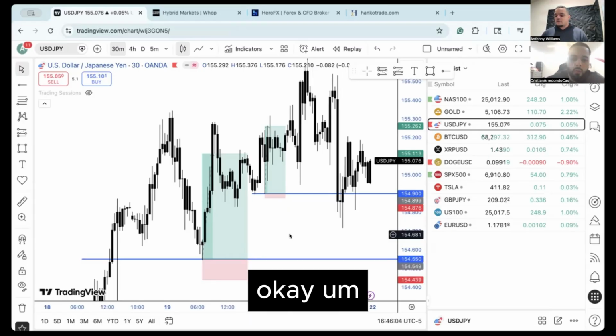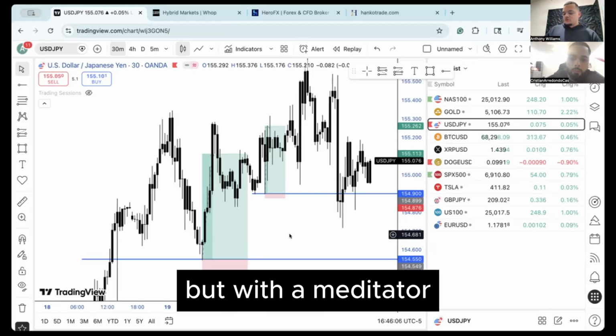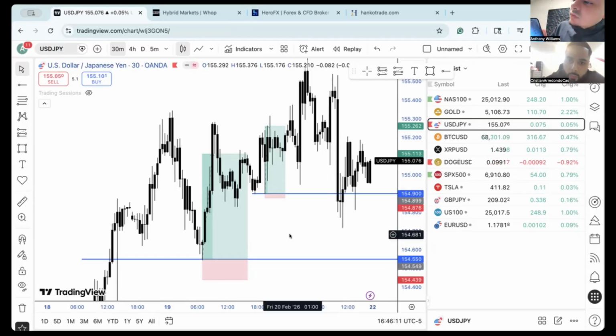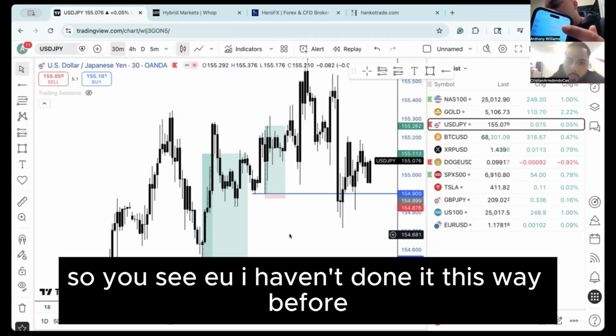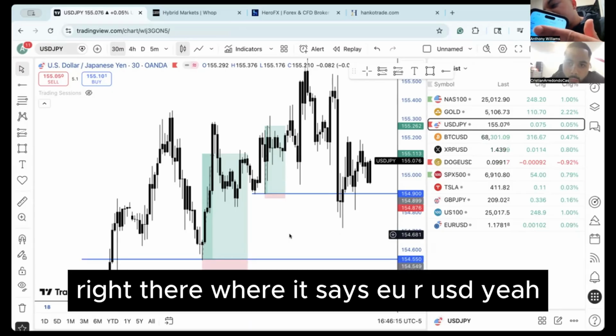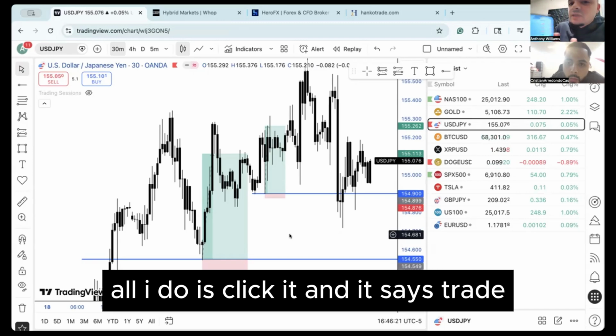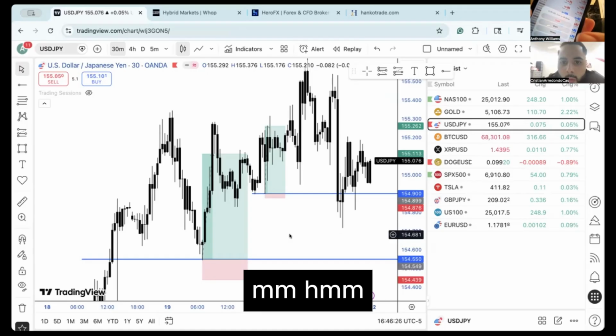Okay. But with MetaTrader, all I do is, so you see EURUSD right there. I haven't done it this way before. All I do is click it, and it says trade in chart.